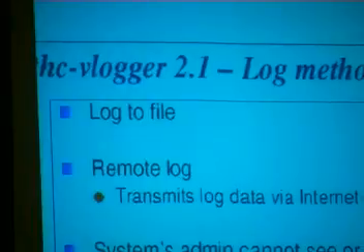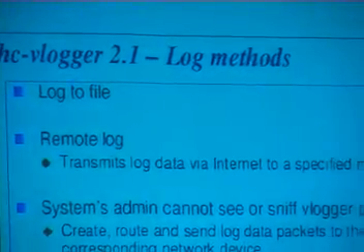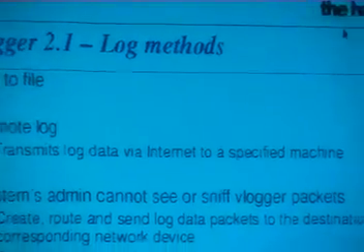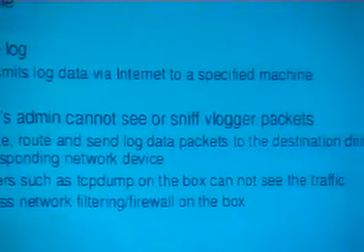VLogger supports two log methods. The normal way is to log the data to files stored in the system. The other way is remote logging. That means transmitting the log data via the network to a specified VLogger server.